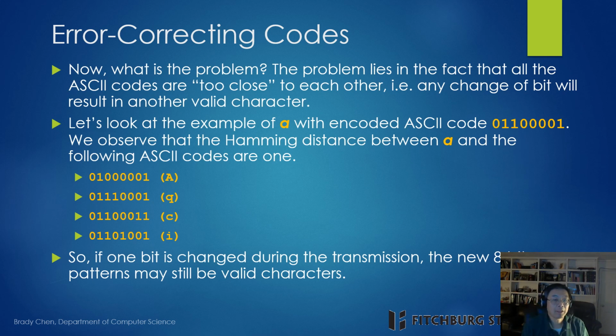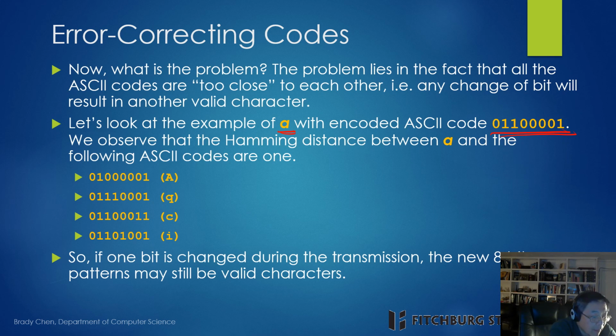Now here's the example. Suppose we have an English letter, a lowercase a. By checking the ASCII table, we find this is the ASCII code 011000001.